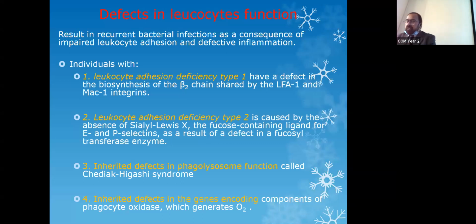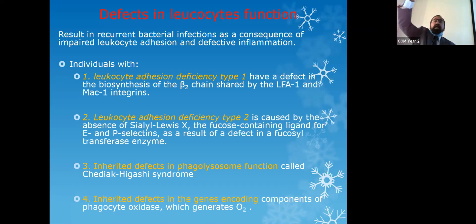Number two, leukocyte adhesion deficiency type 2. What is this deficiency? It's caused by absence of sialyl Lewis X, the fucose containing ligand for E and P selectin, as a result of a defect in fucosyl transferase enzyme. So these patients do not have fucosyl transferase enzyme to make sialyl Lewis X protein.